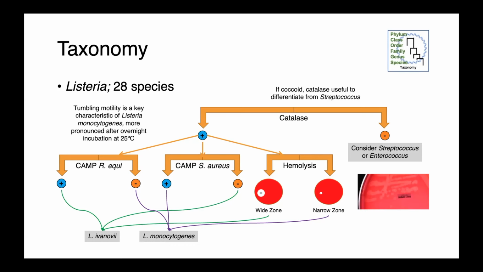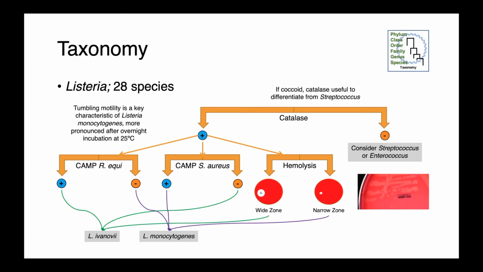The tumbling motility of Listeria is a really key characteristic that allows us to identify it. And this tumbling is more pronounced after overnight incubation at lower temperatures, so 25 degrees Celsius. Listeria monocytogenes, just like staphylococci, is catalase positive, and we can differentiate between Listeria monocytogenes and ivanovii using a number of different biochemical tests.